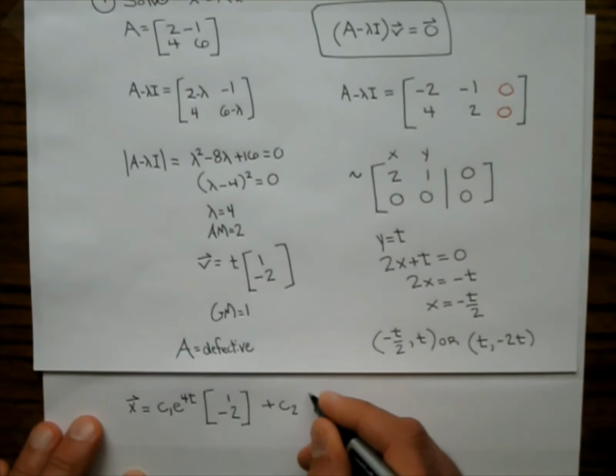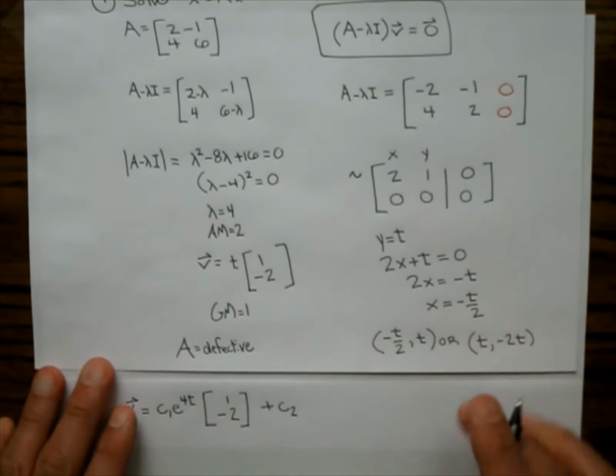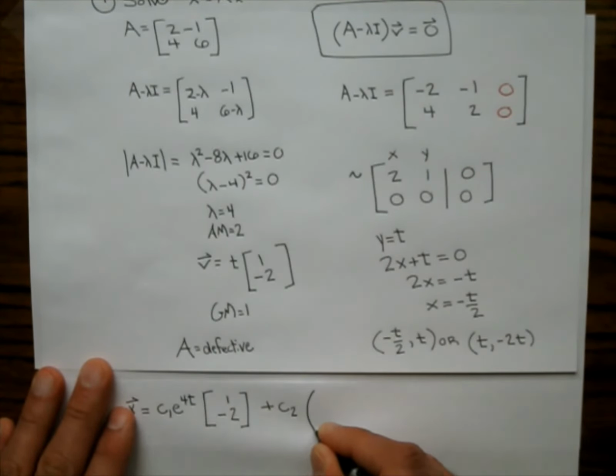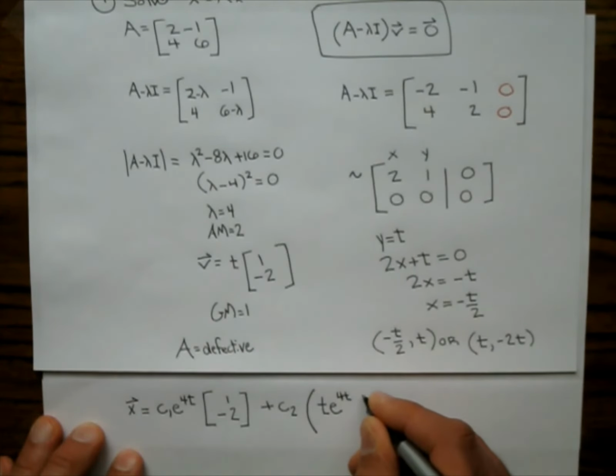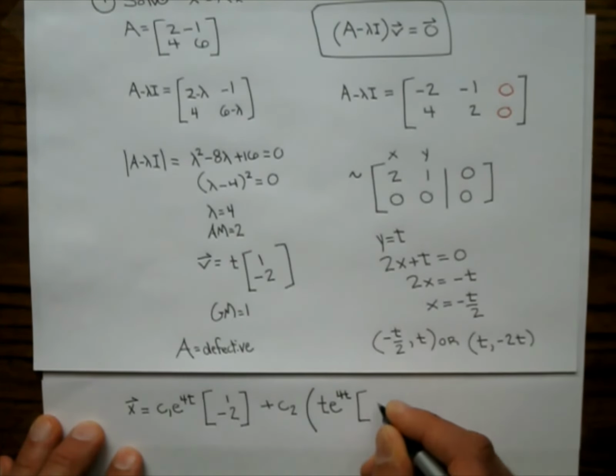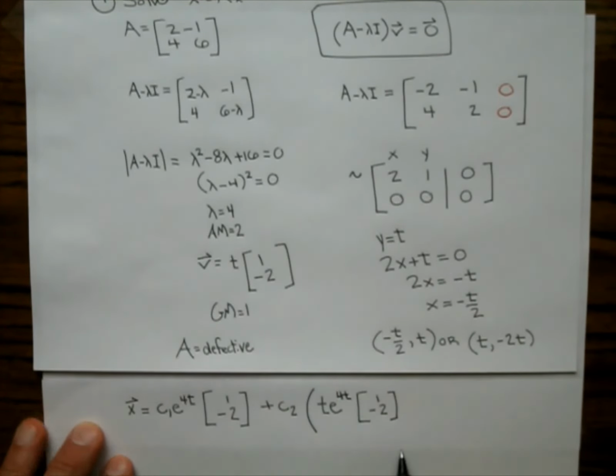Okay, so now we're thinking about what happened on the PowerPoint. And on the PowerPoint, what we did is we went t e to the 4t times 1, -2. In a perfect world, that's what it would be. I'd put another parenthesis and say, there, that's how you do these problems. But it wasn't a perfect world, and when we did that, we got a contradiction.